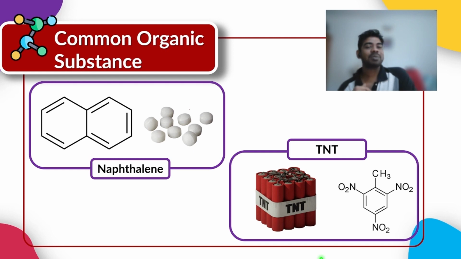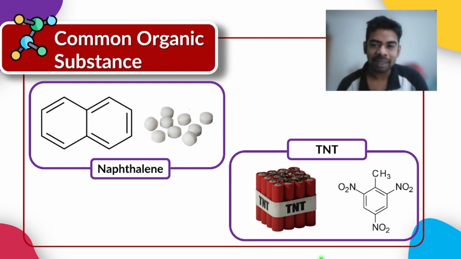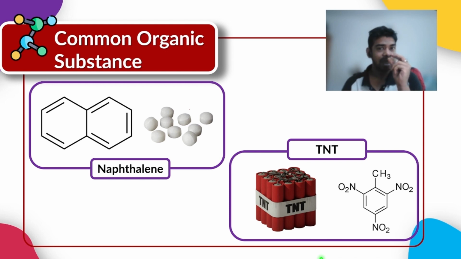And coming to the last part of it, if you think that organic chemistry contains only what we have in our body, that is completely wrong. There are a few products which I've just mentioned. An additional tip is the naphthalene balls, which you generally use, the white or the colorful ones. And then you have TNT.